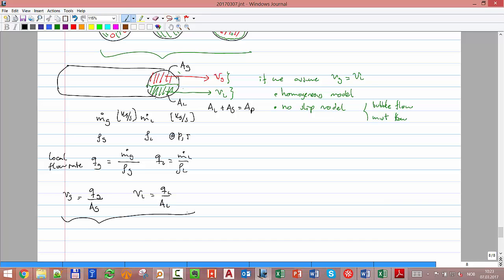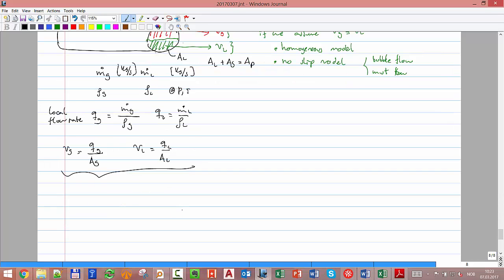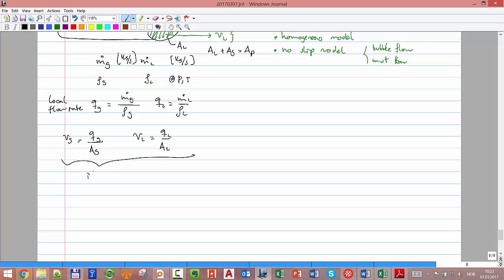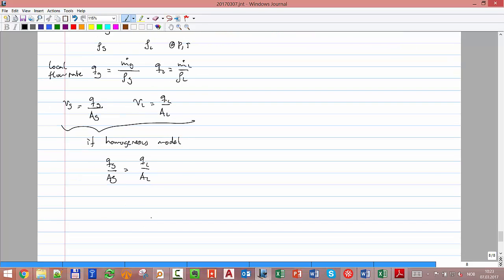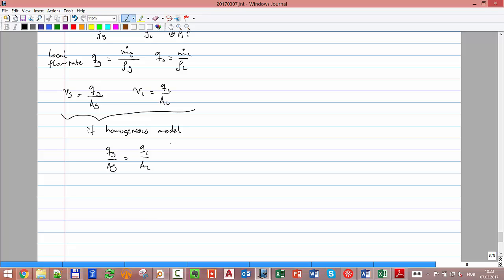Now, if homogeneous model, then we are saying that QG over AG equals QL over AL. Now I'm going to make just a trick with the equations. I'm going to say that AL is equal to AP minus AG.